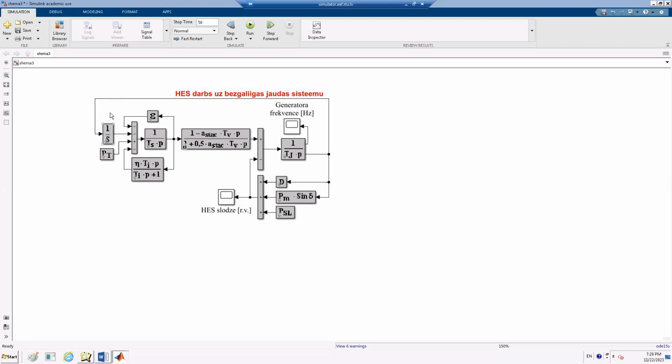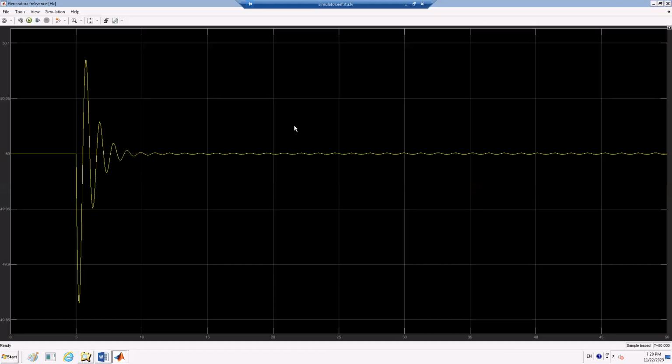But here we don't have these limits, that's why we see this restoring of the frequency. But here we got these fluctuations because we have this very small statism, and it means that we have a very small range for regulation.